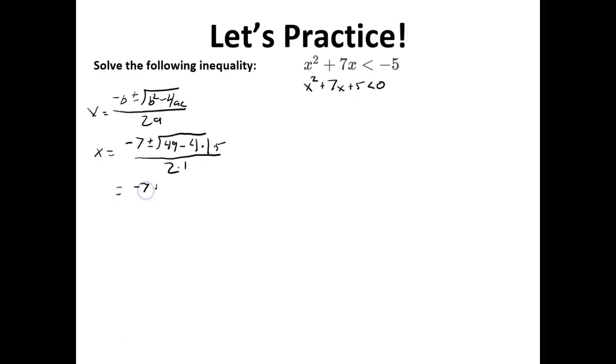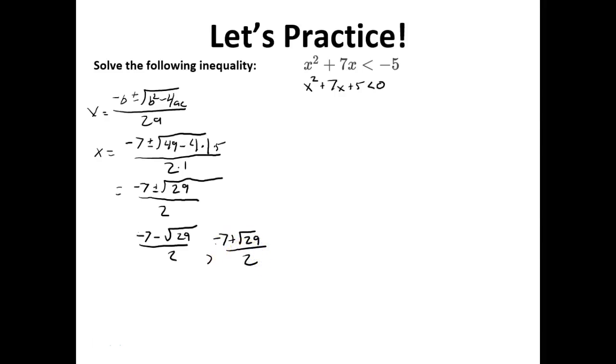Negative 7 plus or minus the square root of 49 minus 20, or 29, over 2, which gives me my two answers where this is 0: negative 7 minus the square root of 29 over 2 and negative 7 plus the square root of 29 over 2.